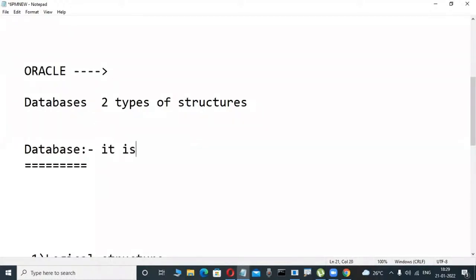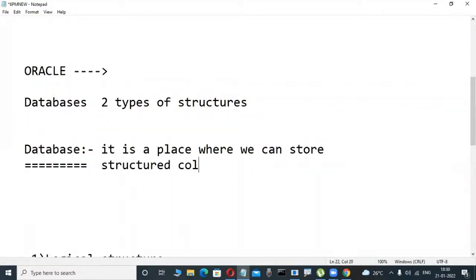It is a place where we can store, in a computer system, a structured collection of data. They are telling only that: a place where we can store a structured collection of data. What is data? What is information? What is DBMS? That is later. Okay. Structured collection of data. Observe here.